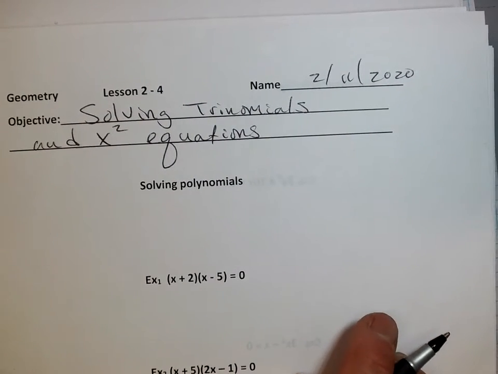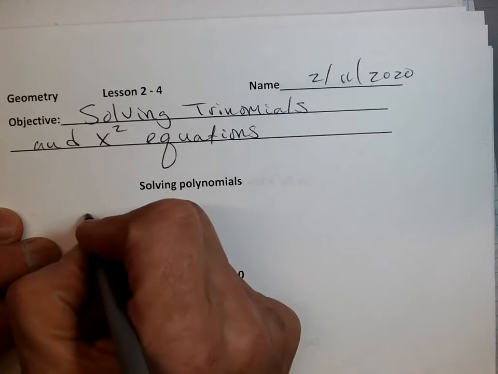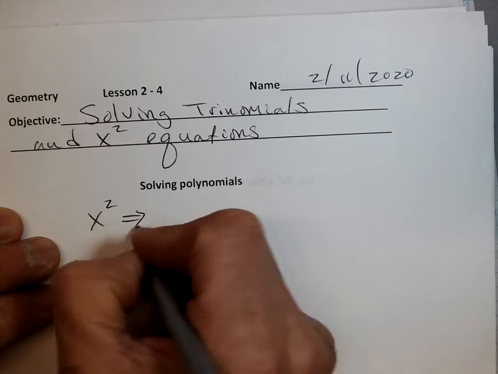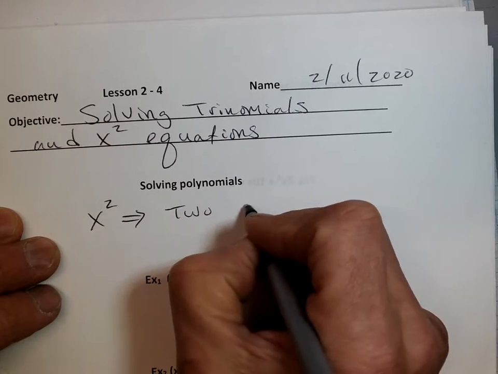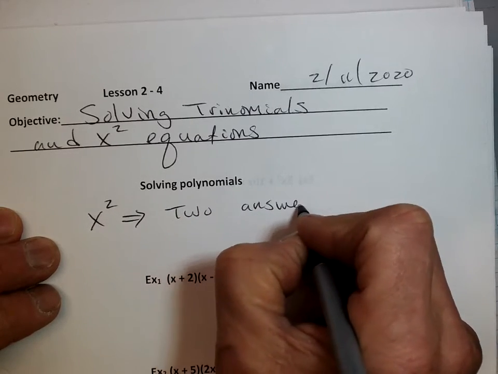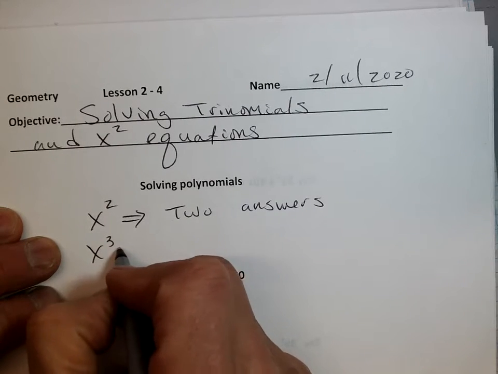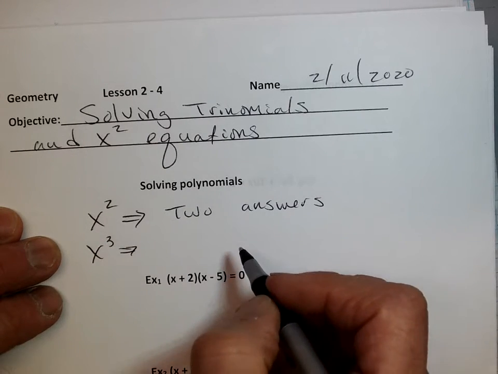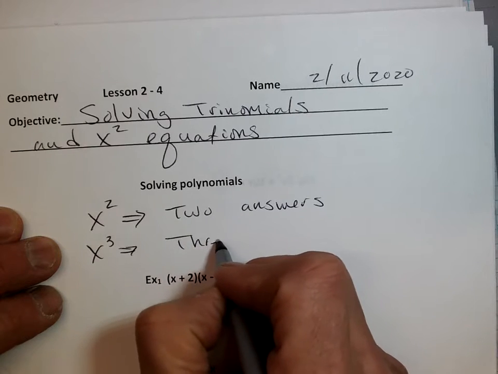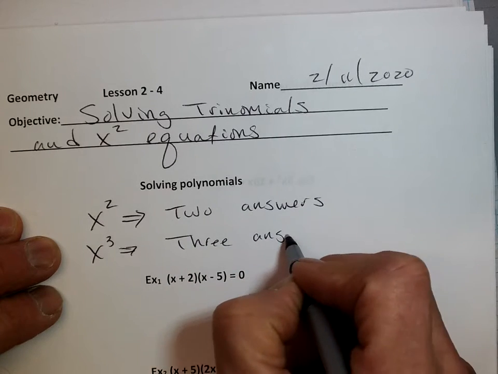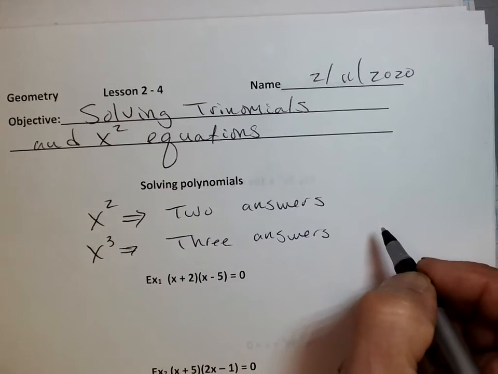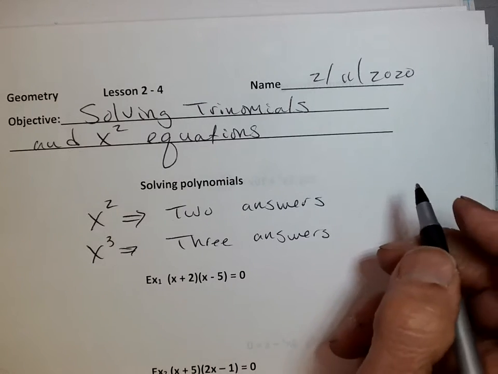Here's something you need to know, okay? If it's x squared, there will always be two answers. Always. If it's x cubed, we're going to have three answers. And then x to the fourth, four answers, x to the fifth, and so forth.